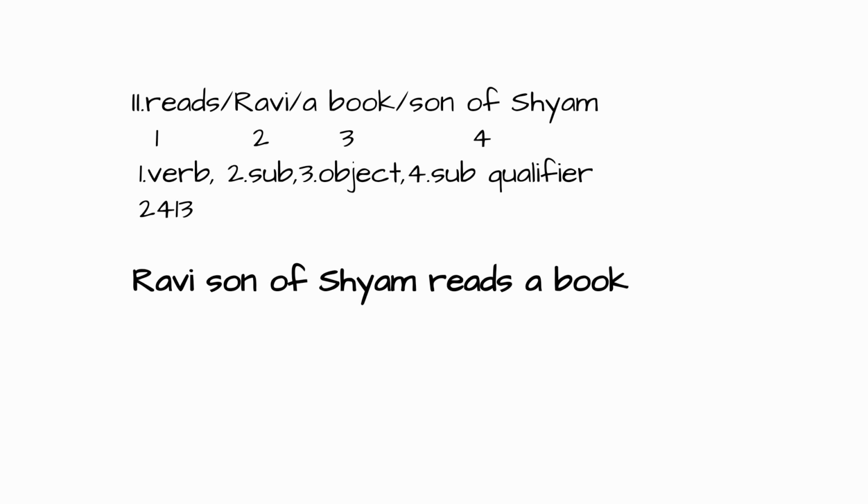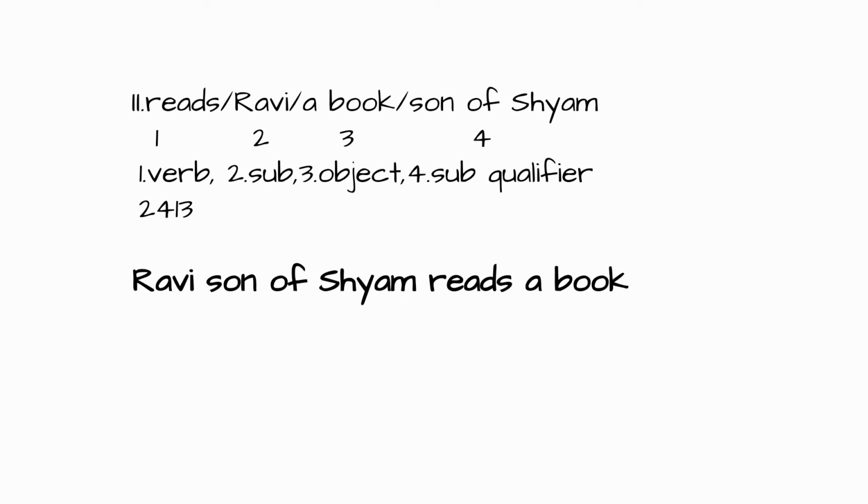So if you rearrange this 1 2 3 4 into a meaningful sentence, it will become 2 4 1 3. What is this? 2 subject, 4 subject qualifier, 1 verb, 3 object. So now the sentence has become: Ravi, son of Shyam, reads a book. This is a meaningful sentence.